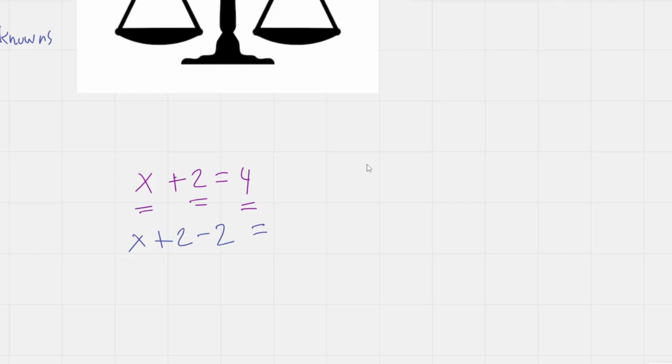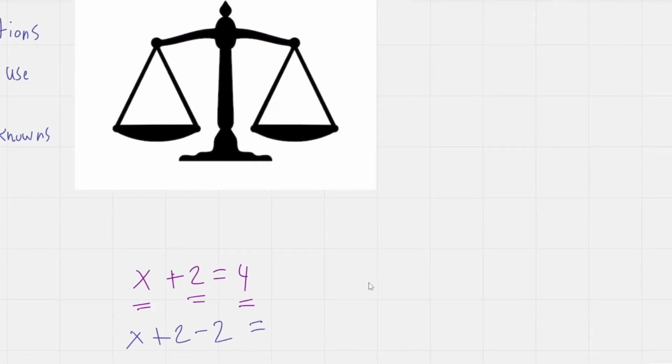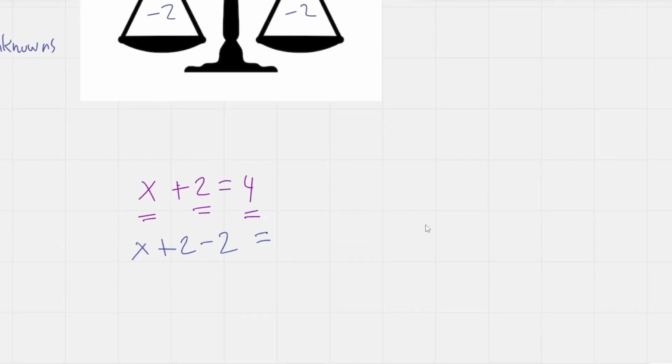If I do something on the left side, I also have to do it on the right side, according to my balance. I subtracted 2, so that means I have to subtract 2 on the right side. Whatever I do on the left side, I do on the right side. So if we do our calculations, we are left with x is equal to 2, because this goes away, and our 4 here turns into 2.